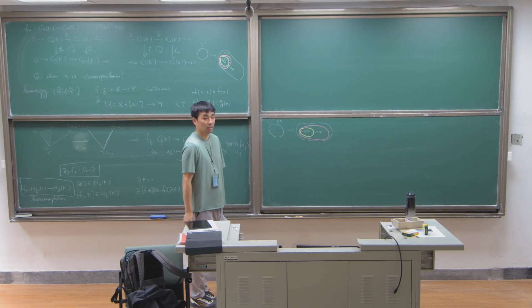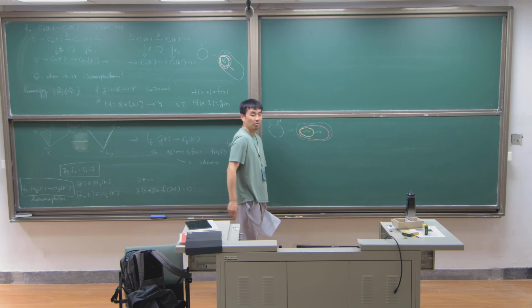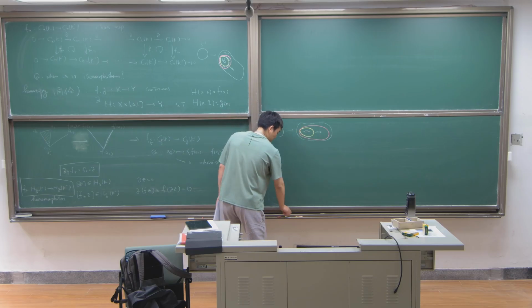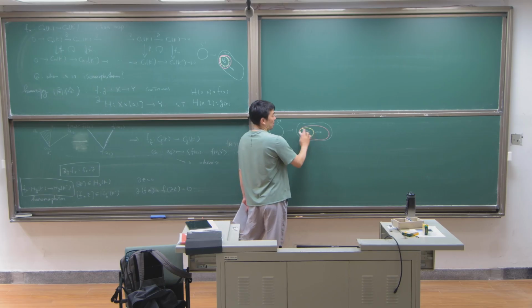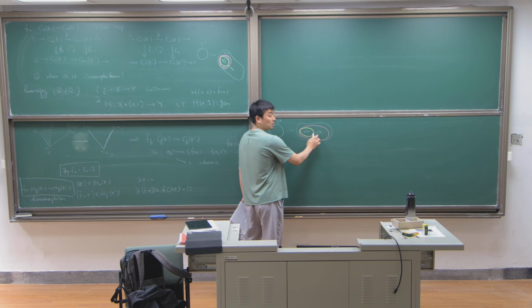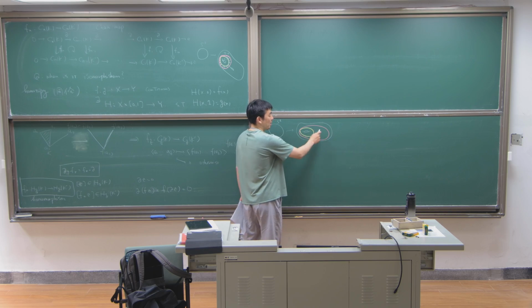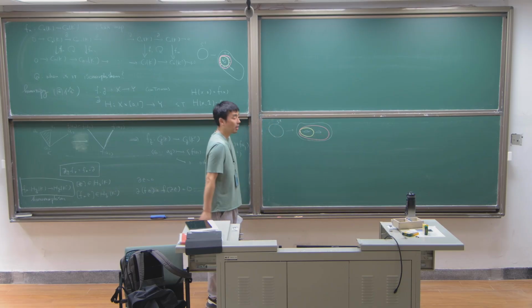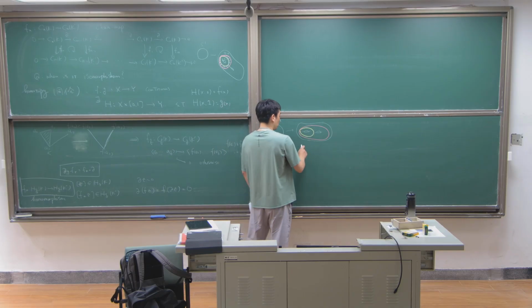Can you deform yellow to the red, or red to yellow? If you try to deform it, somehow this yellow line has to circle around the genus again, right? That cannot be done by a continuous map. You cannot deform it by a continuous map. Therefore yellow and orange are not homotopic.